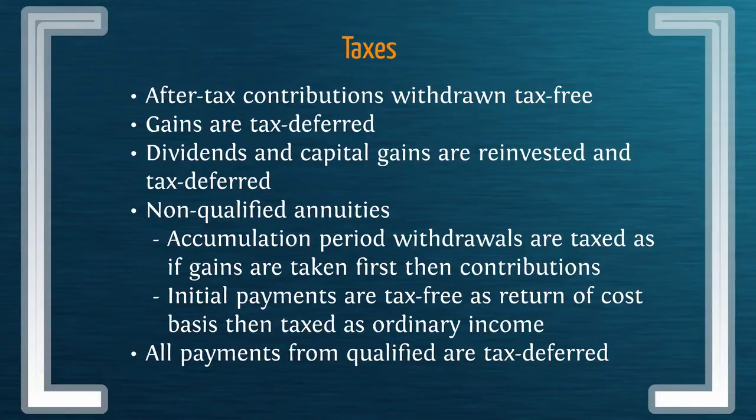And then later, after those gains are used up and you're going into the principal, then you're not going to have to pay taxes on those any further. So you're paying your taxes up front with the first payments. Conversely, you can have annuities without an accumulation period, those are tax-free, and the return of capital is considered as being received first, and then any gains later are treated as ordinary income.